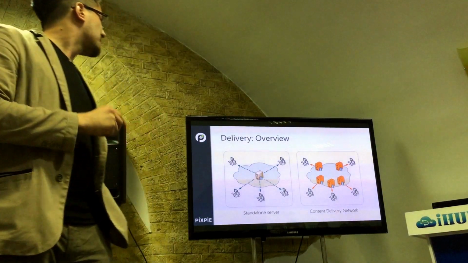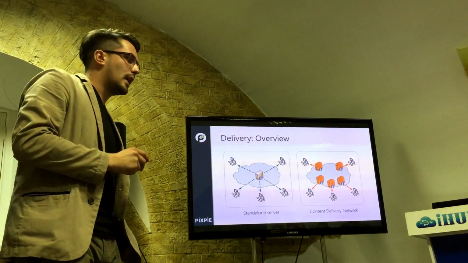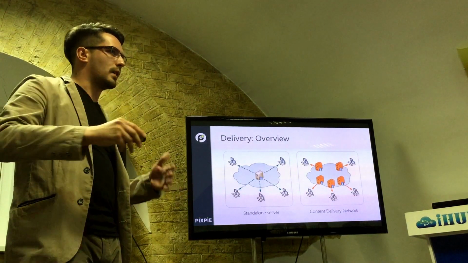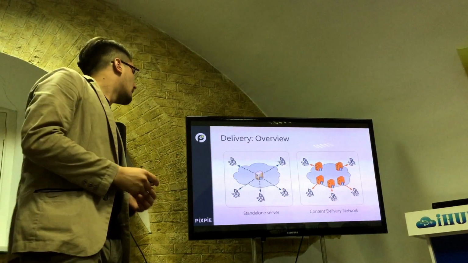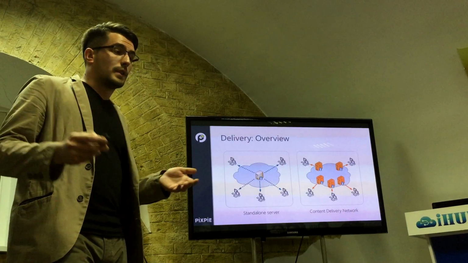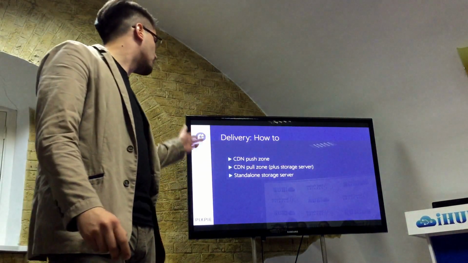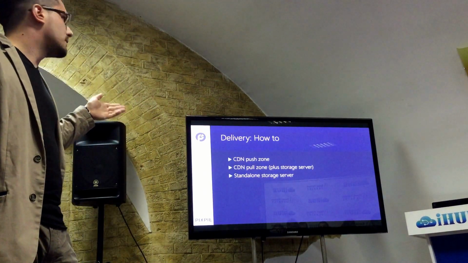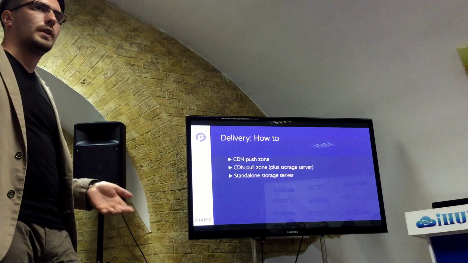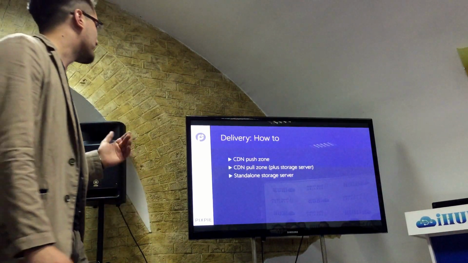This architectural decision to use a content delivery network is really common now for big websites with huge traffic and mobile apps that have a lot of content. As we talked before, it could be a CDN or it could be your standalone storage server. What is the difference between a CDN push zone and pull zone? Who knows?